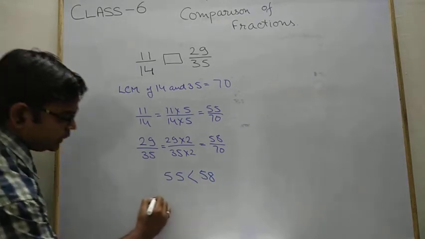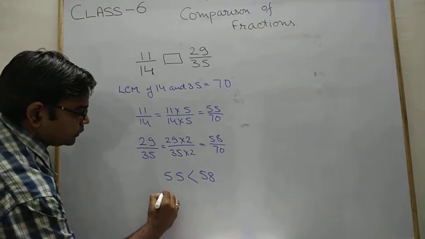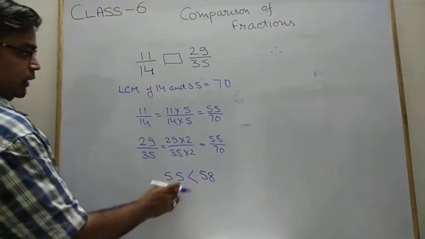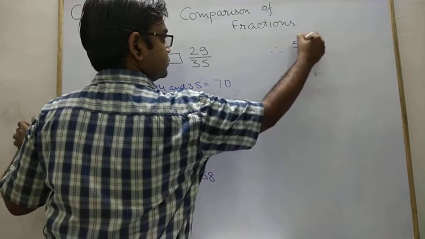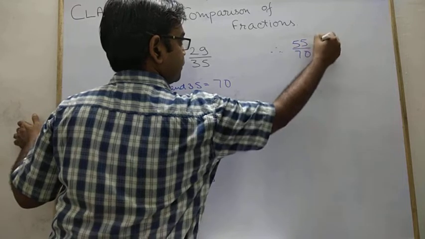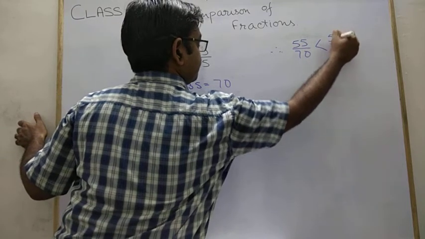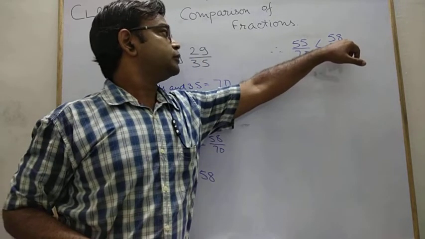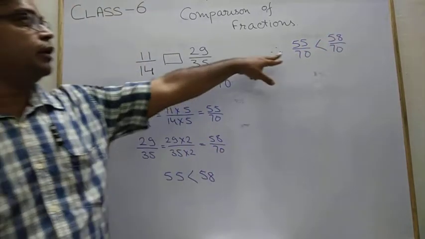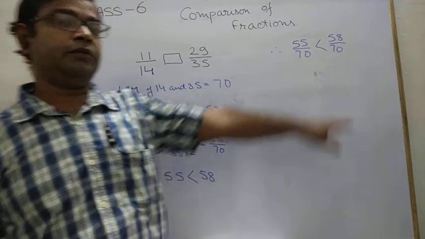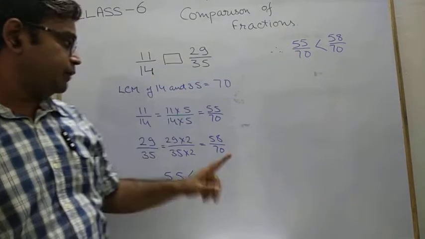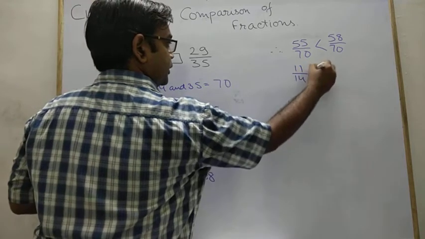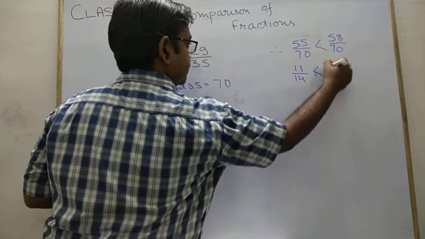Therefore, 55 upon 70 is smaller than 58 upon 70. Which fraction does this like fraction represent? It's 11 upon 14. So 11 upon 14 is less than 29 upon 35.